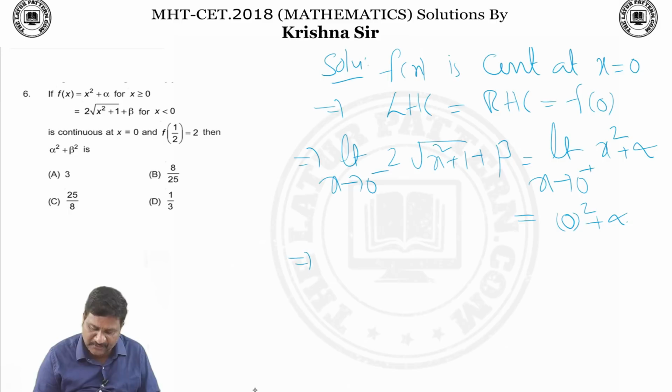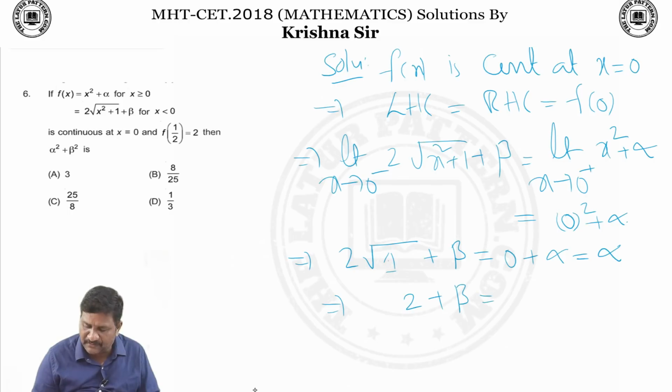Now you substitute the limit value, then 2 into root over x equal to 0, 1 plus beta. Here x equal to 0 plus alpha, and again alpha. So 2 plus beta is equal to alpha. Then you get one condition, alpha minus beta is equal to 2. This is equation 1.